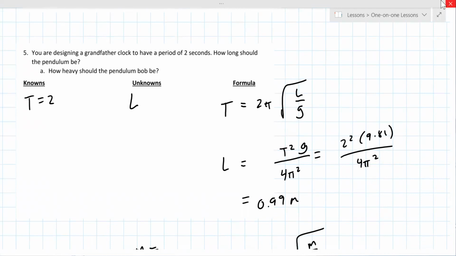So not really sure how to answer this part: how heavy should the pendulum bob be? So we might have to skip past that. Is that okay? Yes, it is. Not all the information is there, unfortunately.